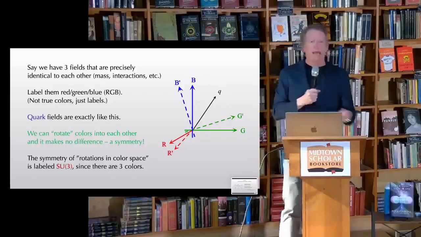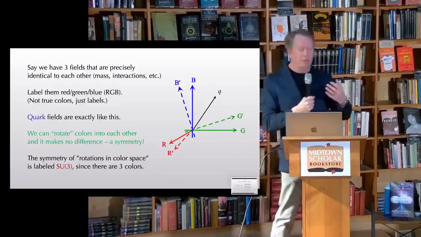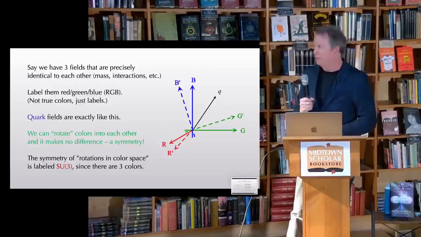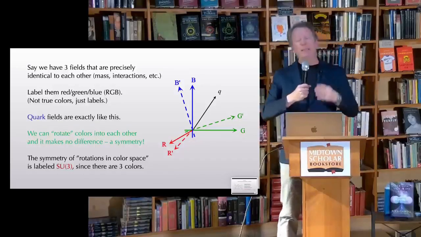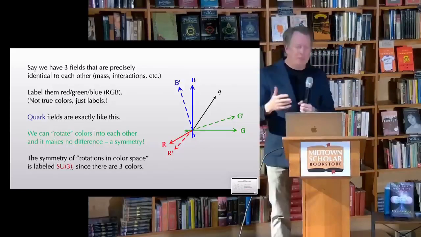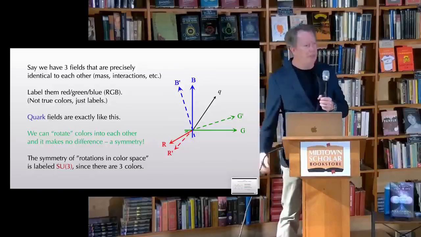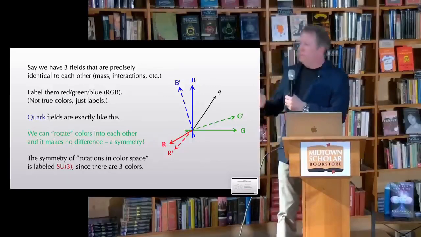The 3 is exactly the number of colors that we have here. There are other symmetries with different numbers: SU2, SU5, whatever. So that's nice. That's good when we have something like that. Mathematicians are happy. They can work out the theory of SU3, which is a group mathematically. Physicists are happy.